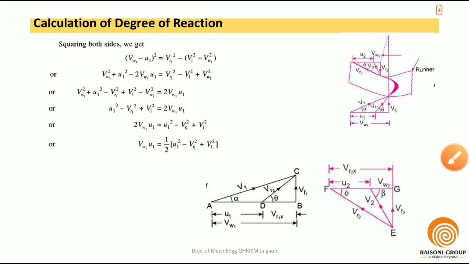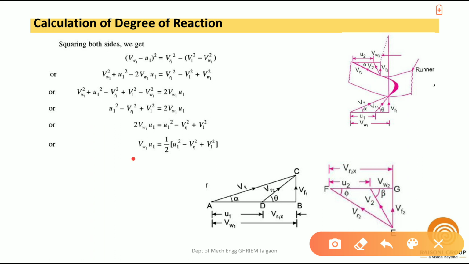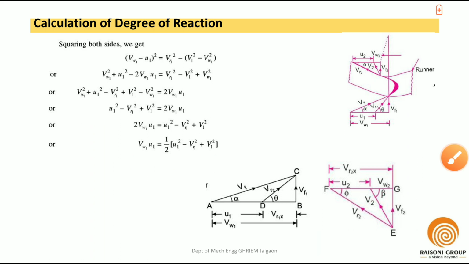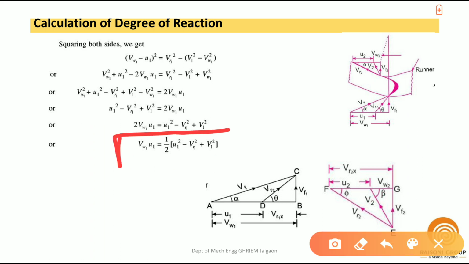Then again simplifying this, we will get Vw1 U1 is equal to 1/2 into the bracket U1 square minus Vr1 square plus V1 square. So this is the expression for Vw1 U1. So one term in this Euler's equation we have found out.